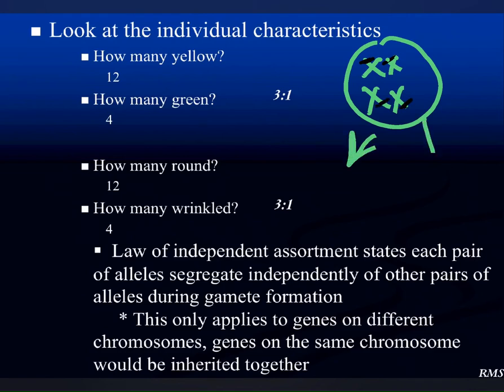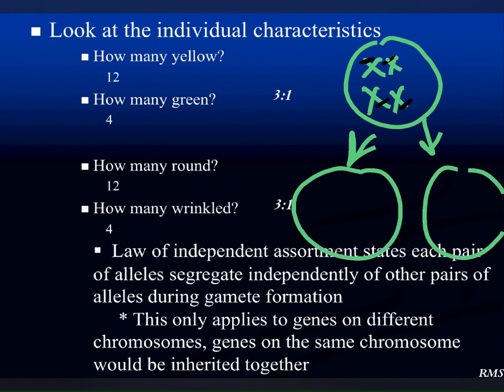Well, when these separate out into 2 cells, or eventually into 4, you're going to have the yellow here, the round here, you're going to have the green here, and the wrinkled here. So you see that they end up in different sex cells at the end of the day. And if they're in different sex cells, that means sperm or egg would carry each one of them. But since you look at them independently, you still come back to that 3:1 ratio.